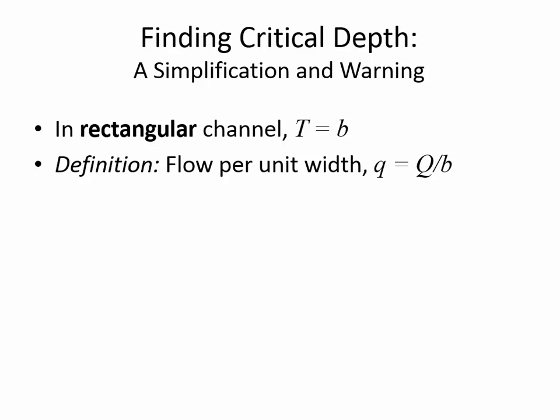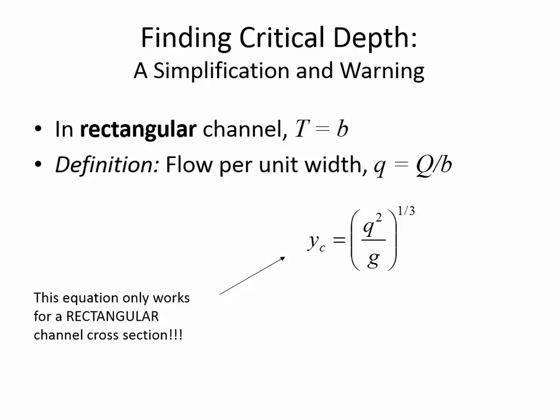All right. Some of our calculations are a little bit easier if we have a rectangular channel compared to if it's trapezoidal or some other shape. In order to use that simplification, we have to introduce a definition that's called flow per unit width. Lowercase q is the flow per unit width.